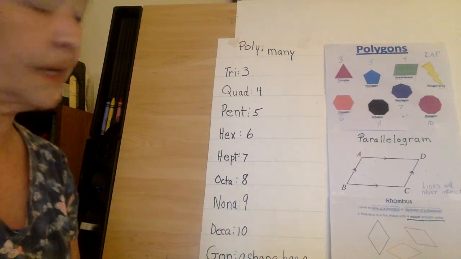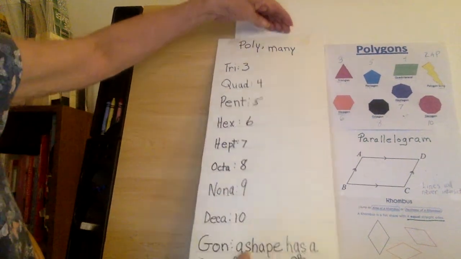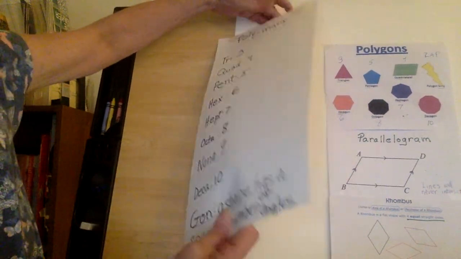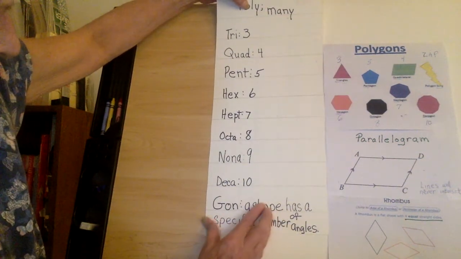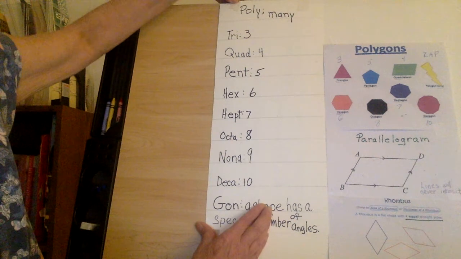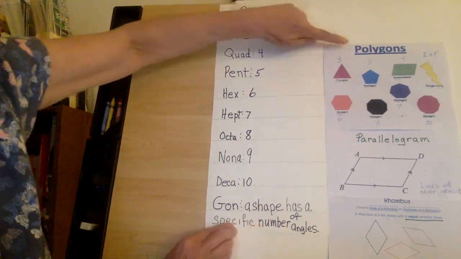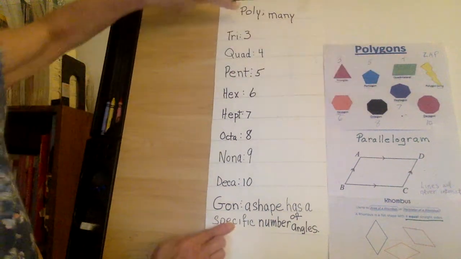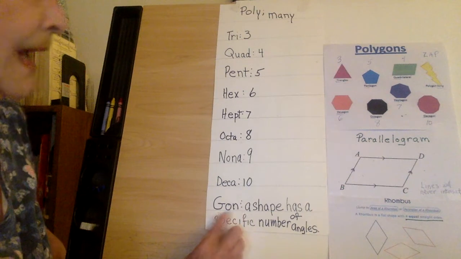Now, some other shapes. Oh, wait a minute. Before I go on, let me lift this up a little bit because I want to make sure that you understand another part of this word. As we talk about polygons, we talked about poly means many.